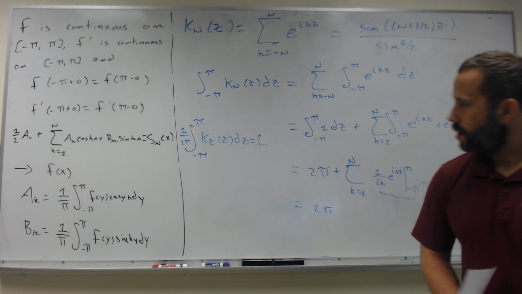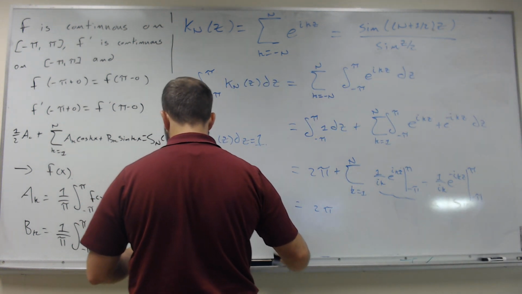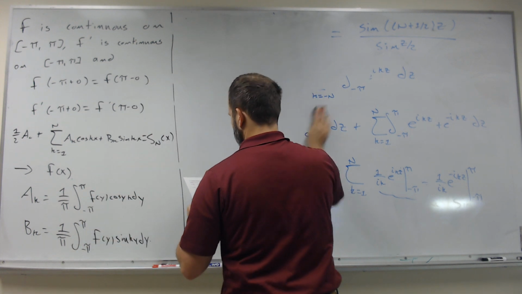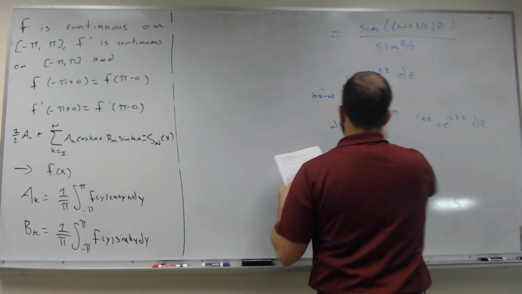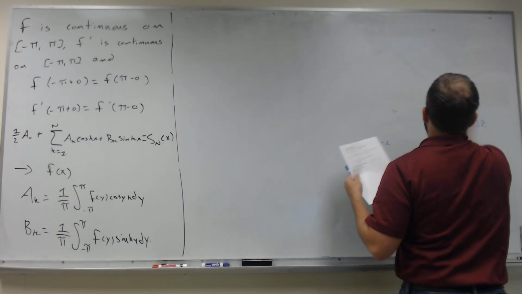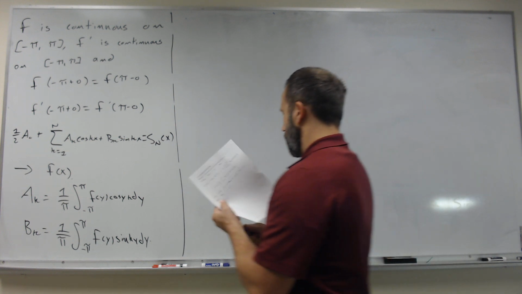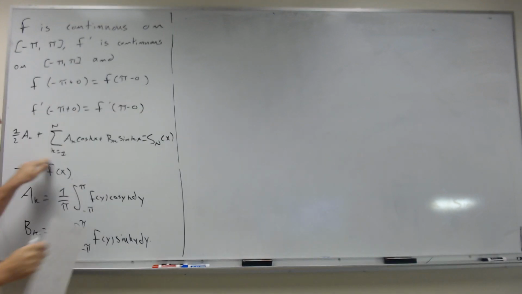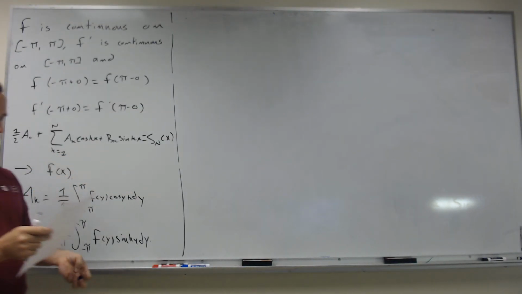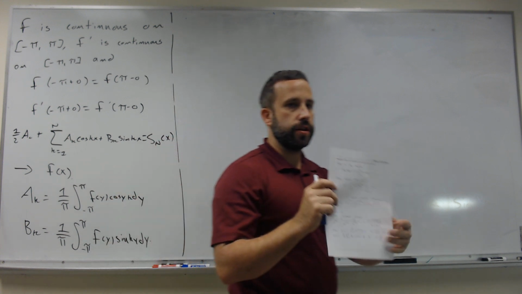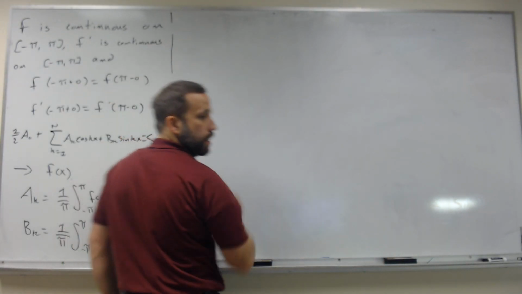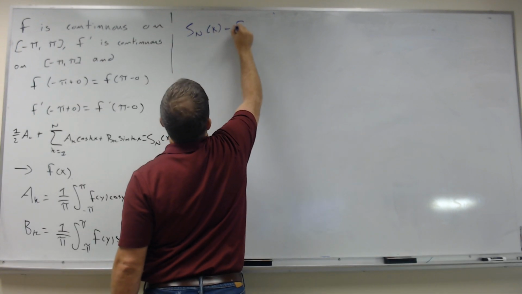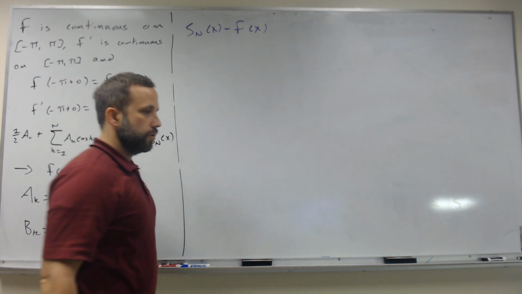Now, using the Dirichlet kernel, let me rewrite what we're trying to show here. Again, our goal is to show that the partial sum converges to f of x, but this is the same as saying their difference goes to 0. So we want to show that Sn of x minus f of x goes to 0.